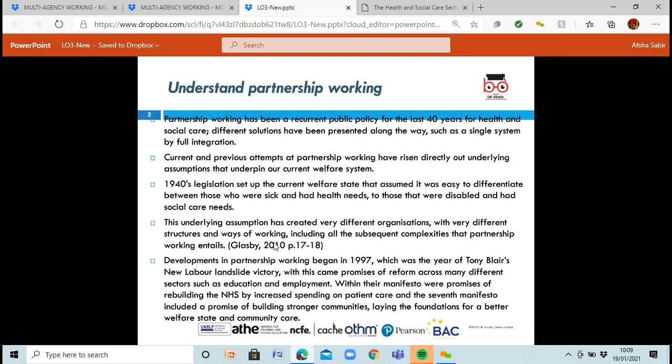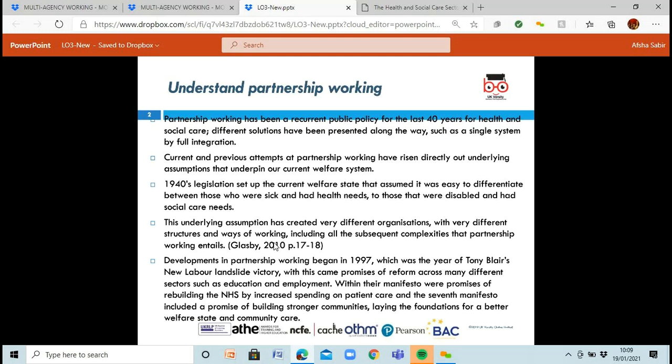So partnership working has been a recurring topic in the public policy for about 40 years now. So there's been many variants of different partnerships, but one of those that have come about is like a single system of partnership working. So what they're trying to do is have a full integration of everybody working in partnership together.